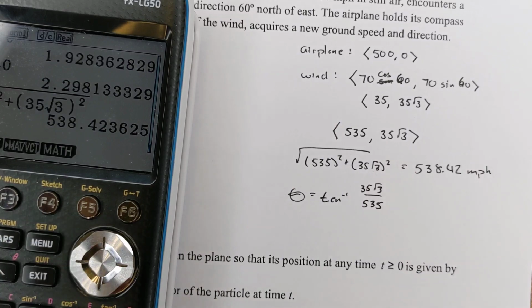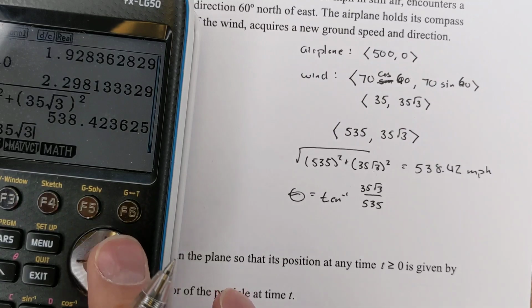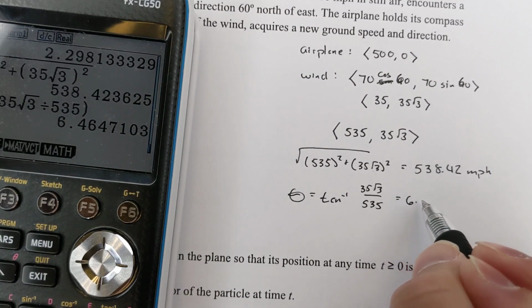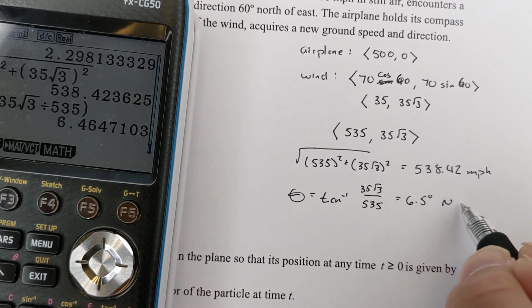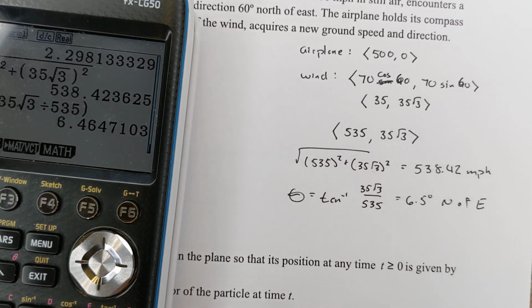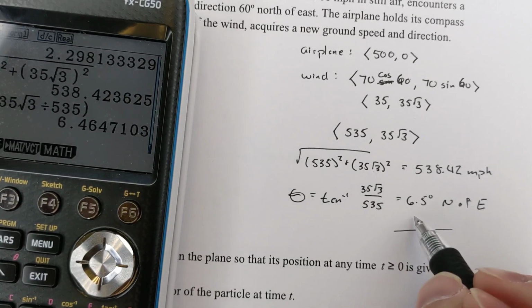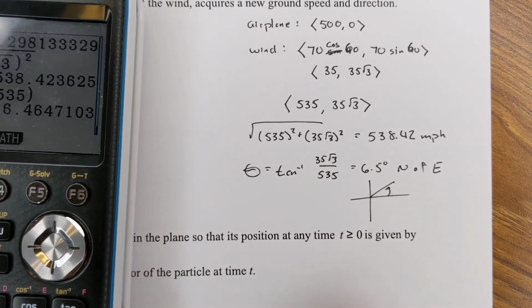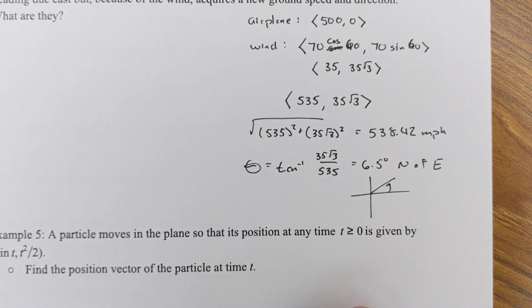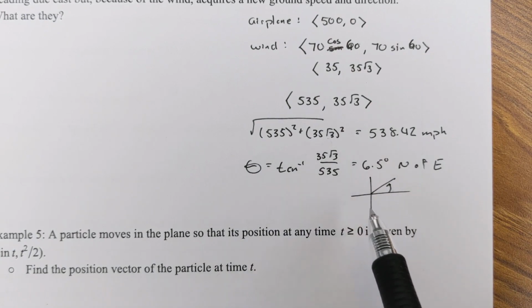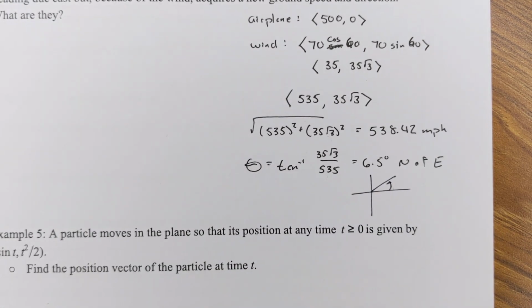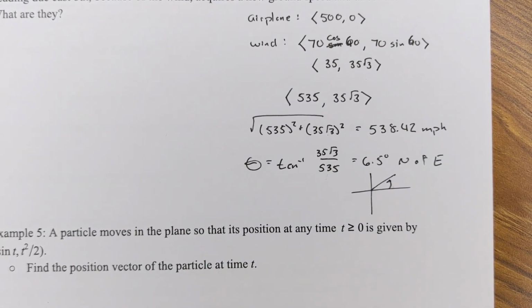So the inverse tangent of 35 root 3 divided by 535, we get 6.5 degrees north of east. As you're measuring, remember you're measuring from the east, so it's north of east. And no fancy adding or subtracting things because these angles are in quadrant 1, so this value will give you the correct value.